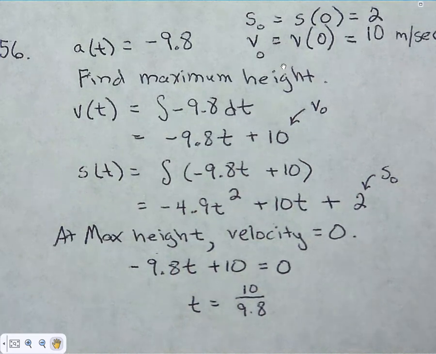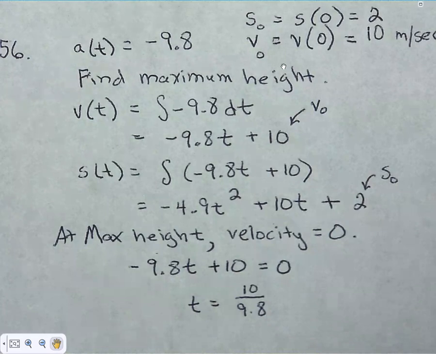So Major, give me one more hint, and then I'll pick on somebody else on the next one. After I find the time that it takes for the object to reach the max height, how do I find what the max height is? Plug that time into the position function. I want the position, so I plug this approximately 1 into the position function.